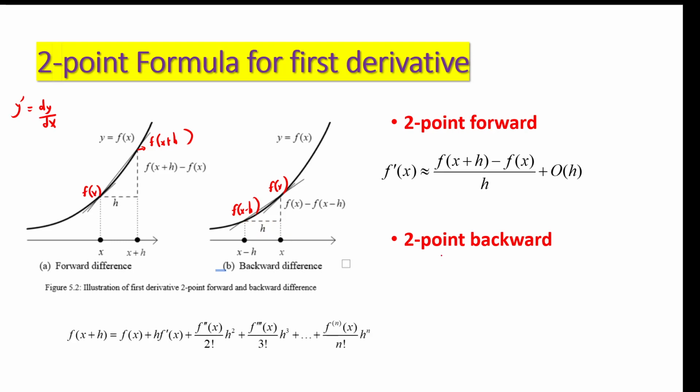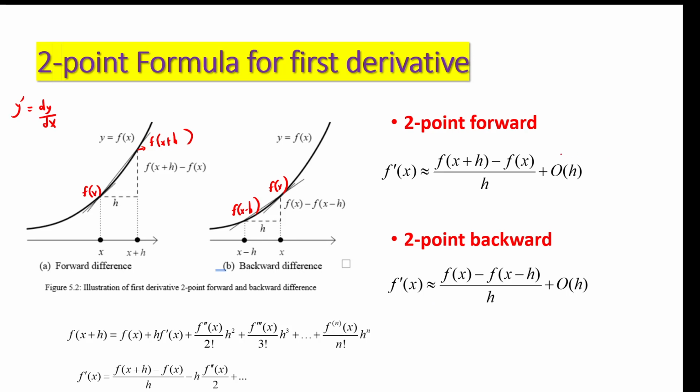That's why you obtain the 2-point backward formula as f(x) minus f(x minus h), divided by h, plus order h. The order h here represents the truncation error.